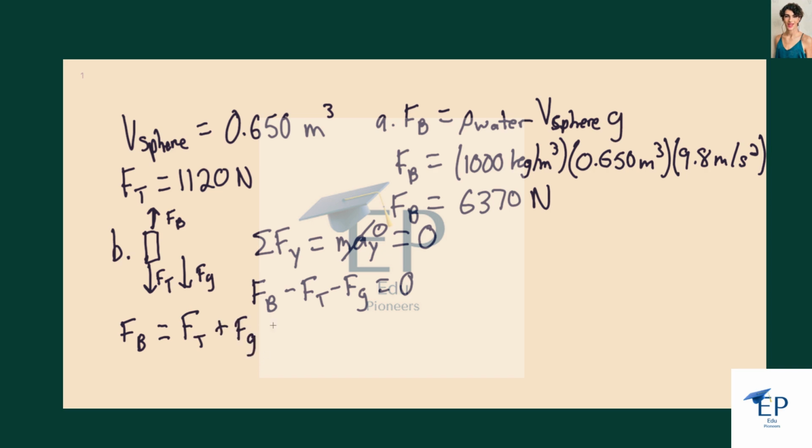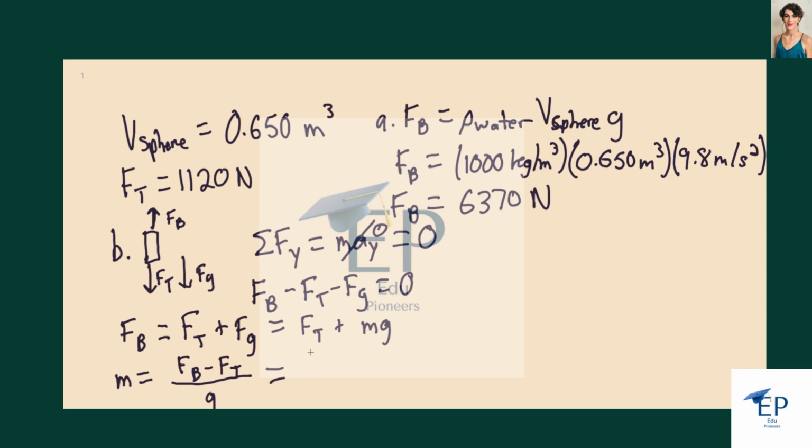Now, we need to solve for the mass. So the buoyant force can also be force tension plus mg. Once we have this, we can isolate m, and we can say that m equals the buoyant force minus the force tension all over the acceleration due to gravity.